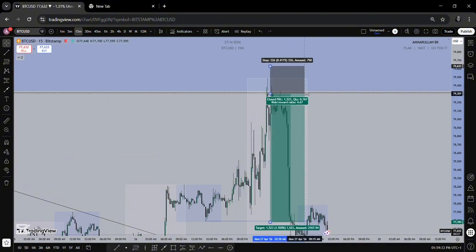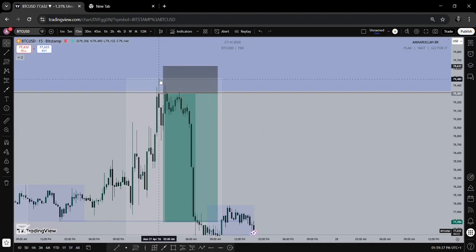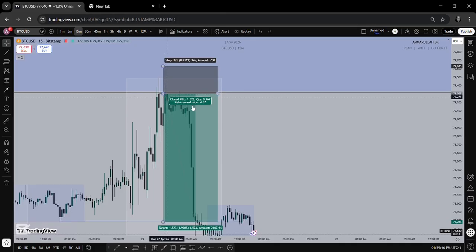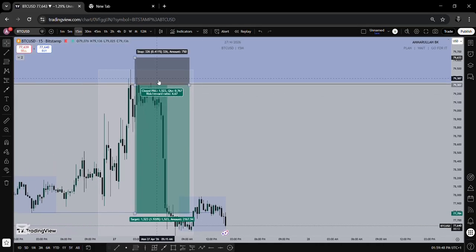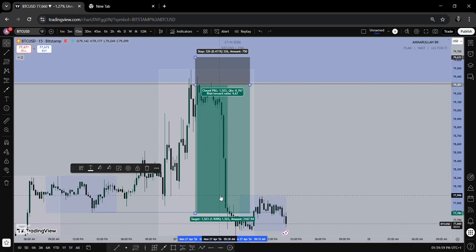So you see, as it tapped the rejection block, it rejected from there, then came back and tapped the rejection block again, rejected again, consolidated again, came back again and tapped this one, then sold down straight. 1 to 4 point something, which was 1,523 pips, if you can see.